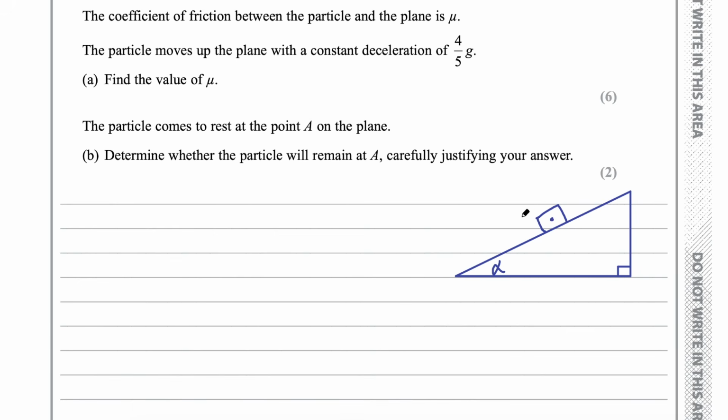Now let's talk about the forces acting on this particle. I guess the most obvious one to start with is gravity. So the force due to gravity goes straight down, and that is the mass of the object times gravity. So this is going to be mg. And that can be split up into two components.